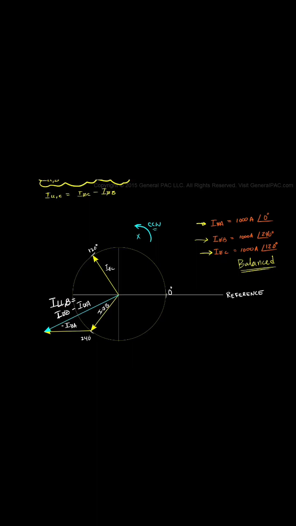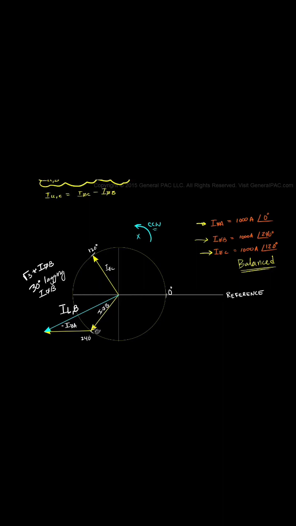Right, so the magnitude of line current B is the square root of 3 times phase current B. Very similar to our last example in part 5, right? And our line current B is also 30 degrees lagging compared to phase current B. It's lagging because all the phasors are rotating in the counterclockwise direction.